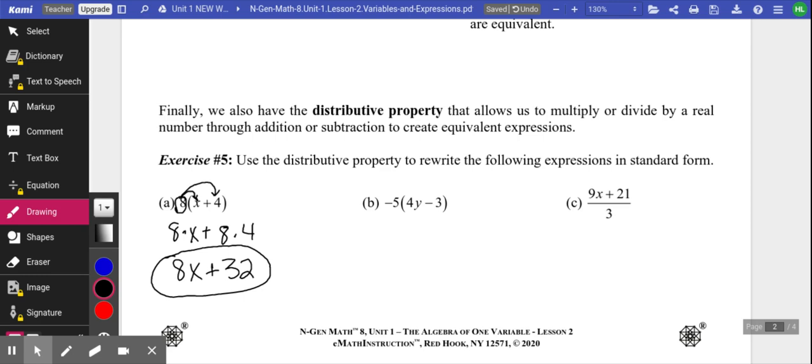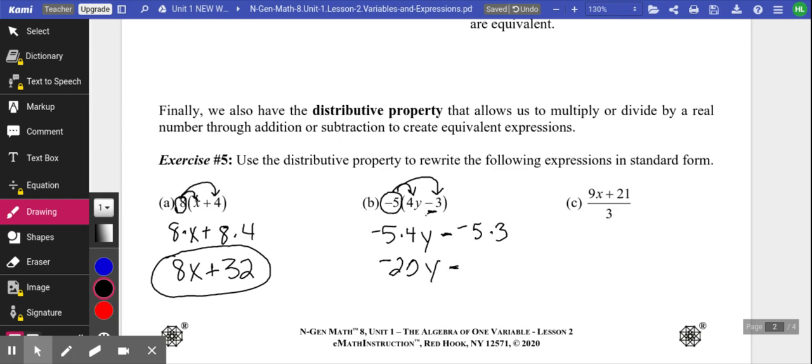Okay, so for B, I'm going to distribute -5. So I'm going to circle -5 and multiply -5 by each of those terms. I'm going to do -5 times 4y. This is minus up here, so I'm going to bring down the minus sign. -5 times 3. -5 times 4 is -20y.